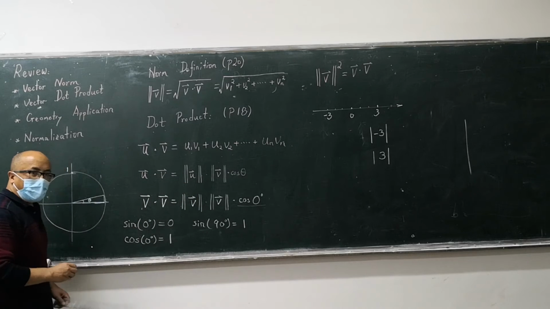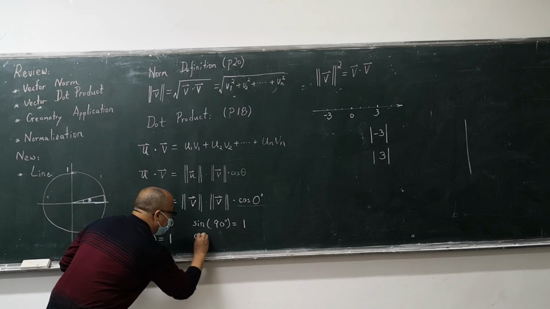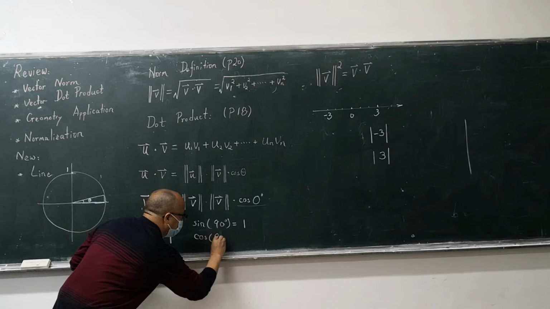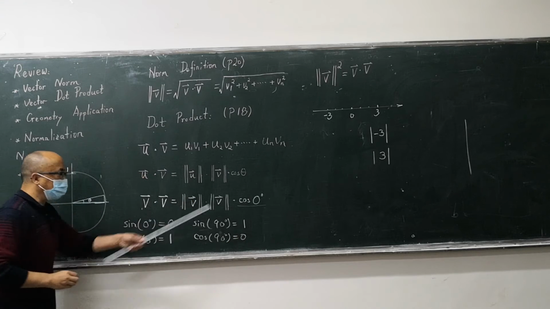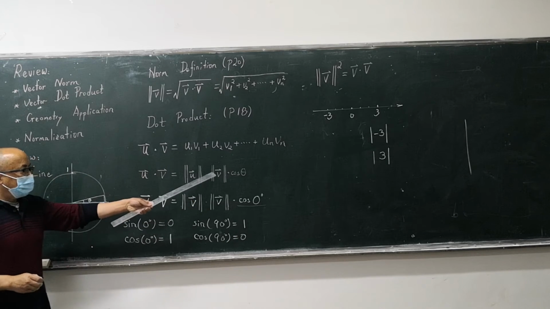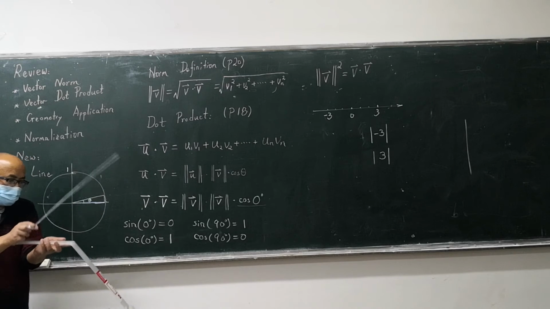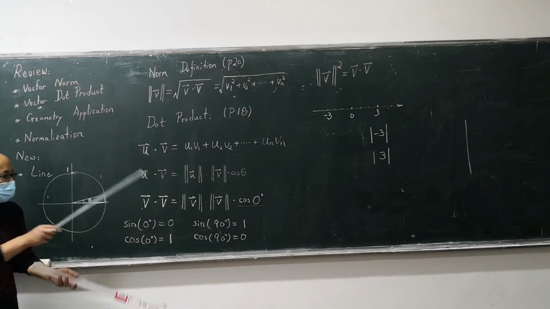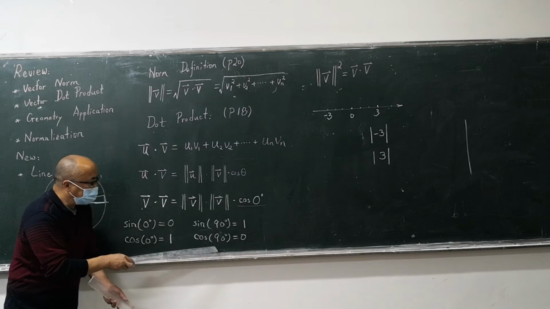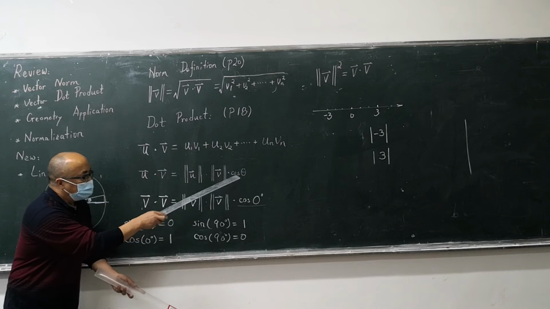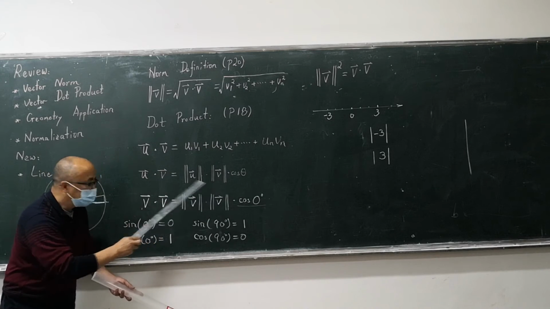And the cosine 90 degree is what? 0. Yes, it's 0. This is very important. When the two are vertical, this is a 90 degree. This is 0. If it is 0, then everything is 0.